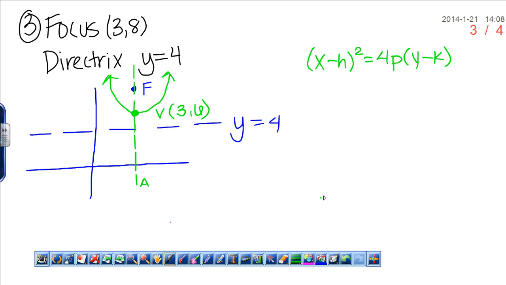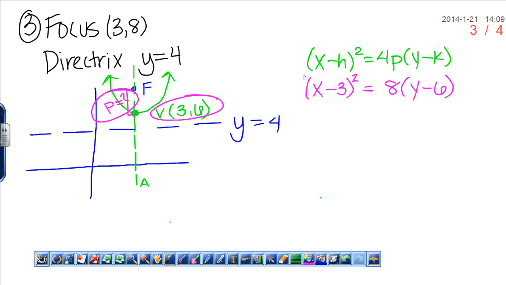What's p going to be? 2. The distance from my vertex to my focus is 2. So I know my vertex, and I know my p-value, so I'm ready to write my equation. x minus 3 squared is equal to 8 times y minus 6. Questions on that one?